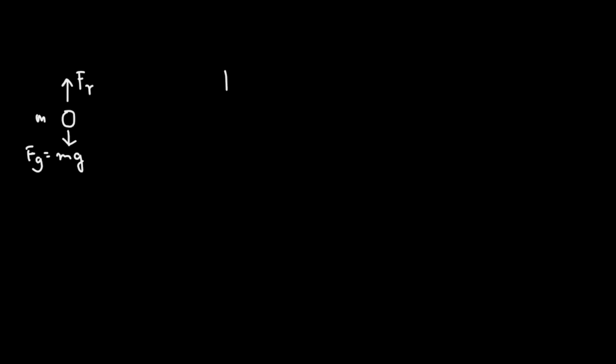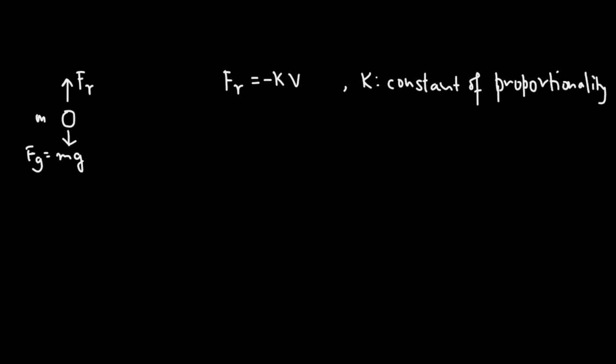This resistive force is proportional to the velocity. That is given by negative k times velocity, where k is a constant of proportionality, and this value of k is dependent on the dimension of the object as well as the fluid or the air through which it is flowing.